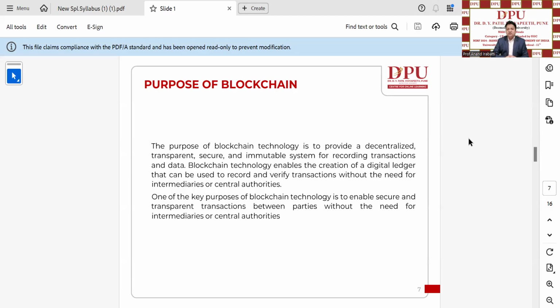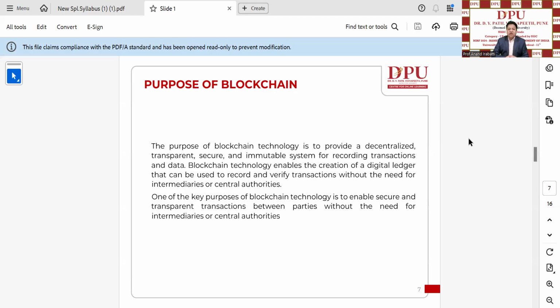One of the key purposes of blockchain technology is to enable secure and transparent transactions between parties without the need for intermediaries and central authorities. So this is the whole purpose of blockchain technology: to provide a system which is decentralized, transparent, secure, and immutable for recording transactions and data.